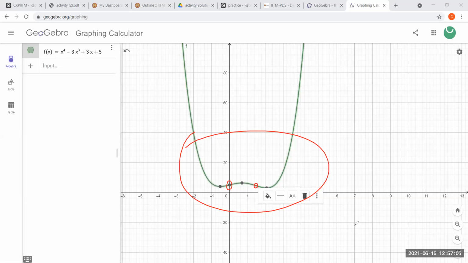Oh, wait. Your voice is cutting like hell. Just a moment. I cannot listen to you at all. Anyway, just look at this diagram, and then let's go back to our whiteboard. Done.